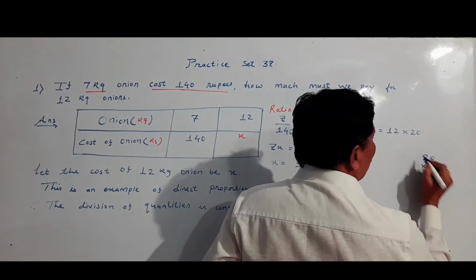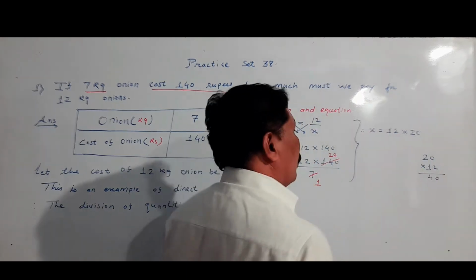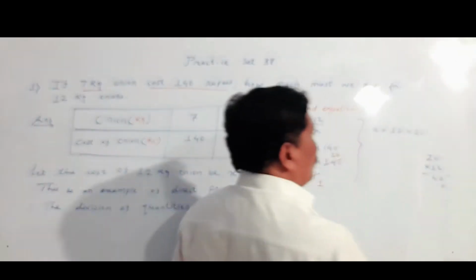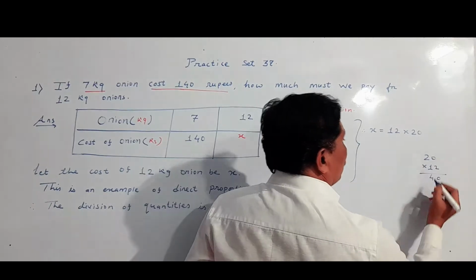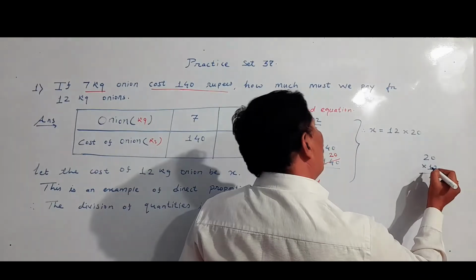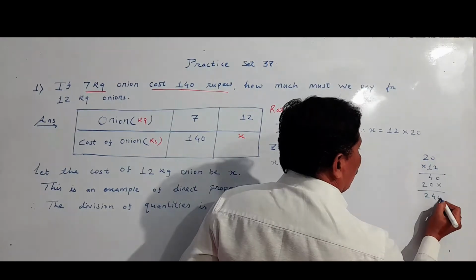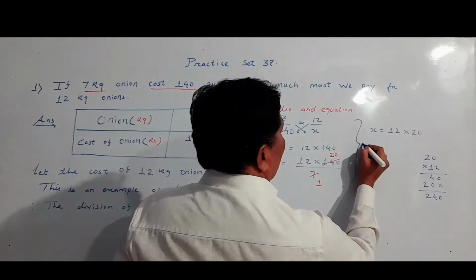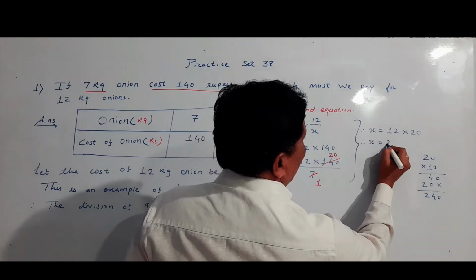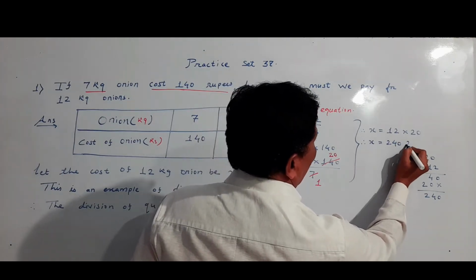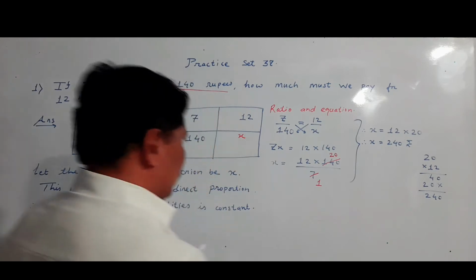Two zeros are 0, 2 twos are 4, cross 1 zeros are 0, 2 ones are 2, 240. Therefore, x is equal to 240 rupees.